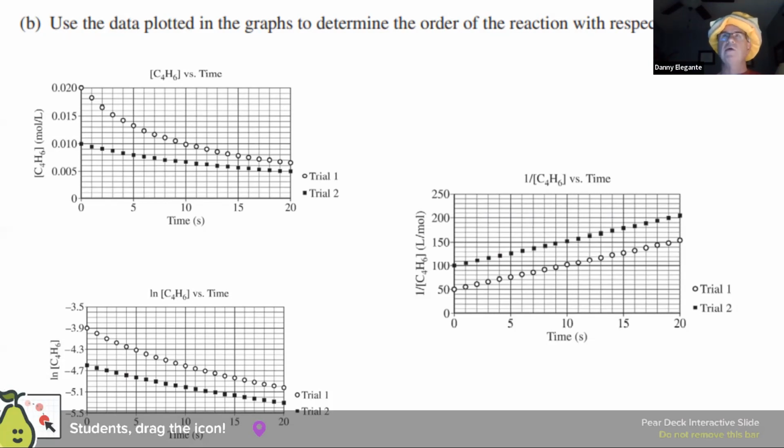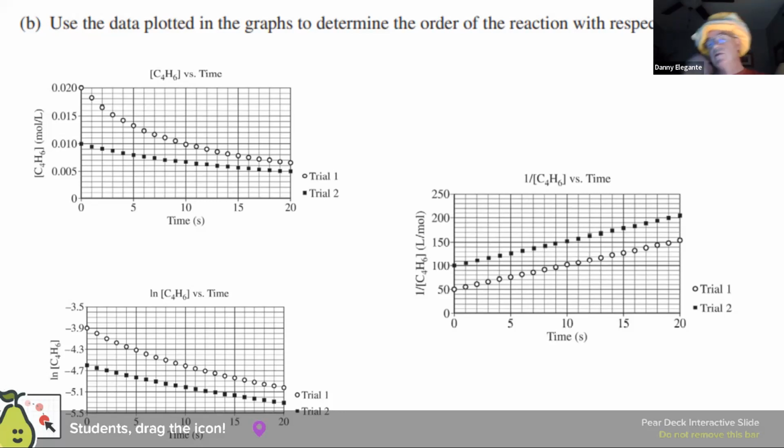The second one is 1 over the concentration, so that's second order. So I'm going to say second order, because 1 over the concentration versus time tells me it's second order, right?